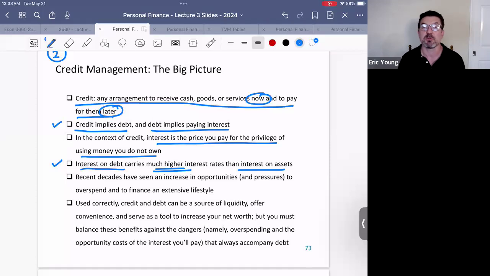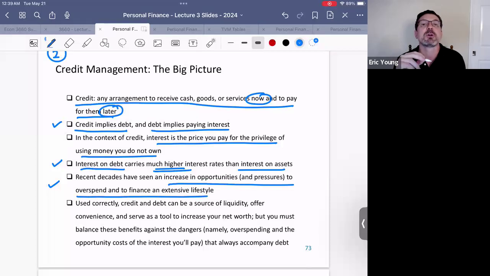That's why too much debt can really suffocate you. This is especially true in recent decades, which have seen a proliferation of tools, in other words, credit cards, buy now, pay later things, all these different tools that are increasing both the opportunities and the pressures on you to overconsume, to overspend, to live outside of your means, and to go into debt.